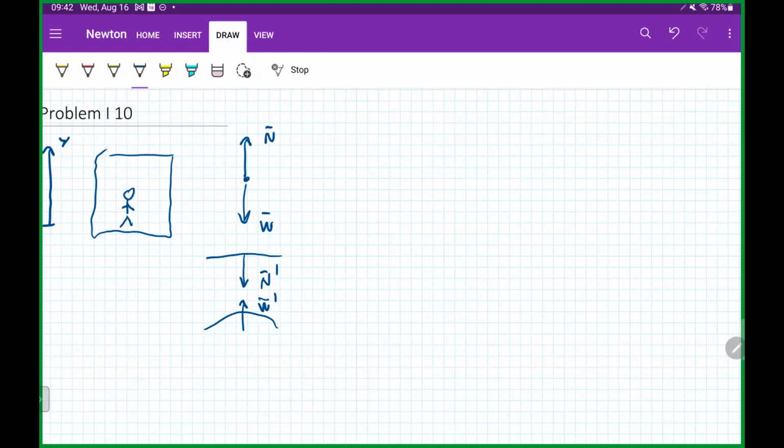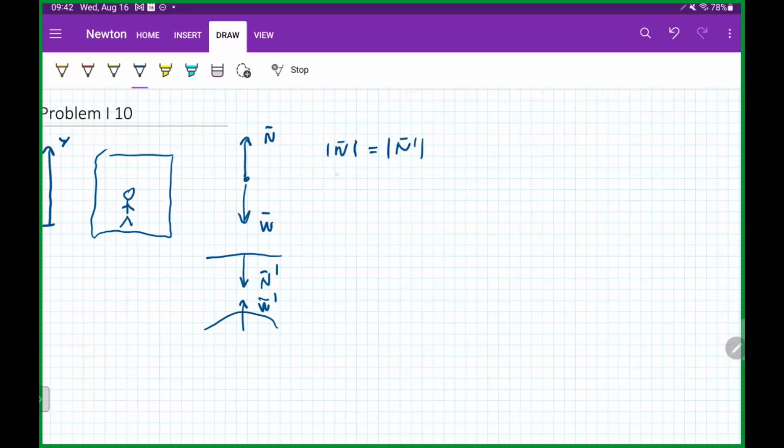Let's take a look at the question. It says, what force does the man exert on the elevator floor? So we're asking about that N prime force, right? We know that the modulus of N should be equal to the modulus of N prime.